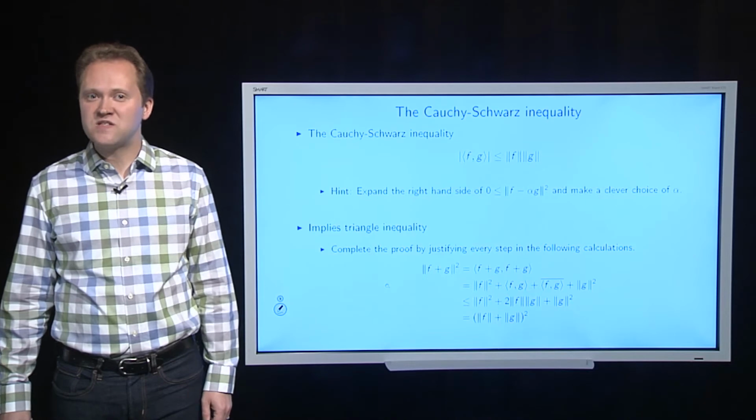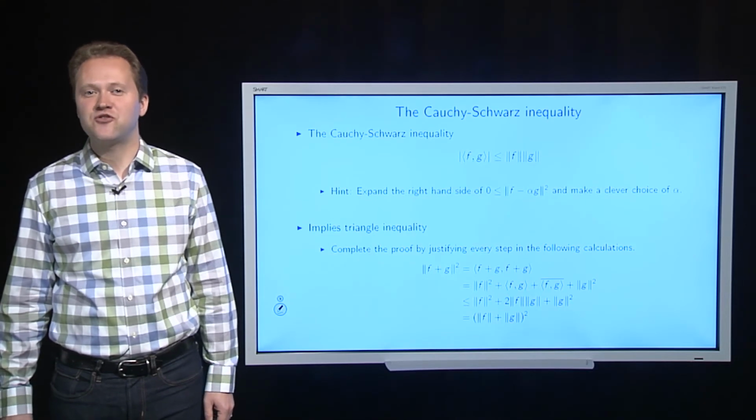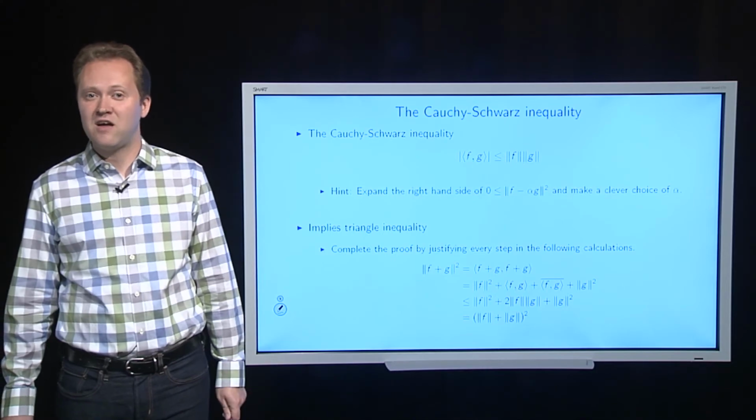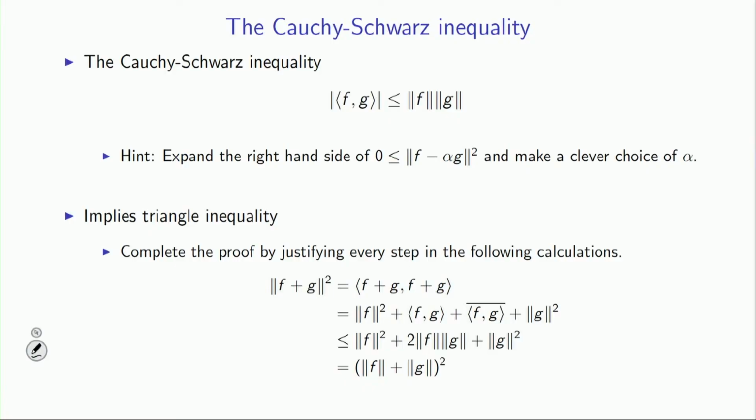Now, to see why this is enough, let's look at the triangle inequality here. Let's look at the left-hand side of the triangle inequality, the magnitude of f plus g, squared. Looking at magnitude squared is also a good idea because it allows you to use the inner product. Remember, the inner product of a vector with itself gives you the norm squared. Now, when you expand this out, make sure that, on paper, you write down all these calculations and use the properties and definitions properly.